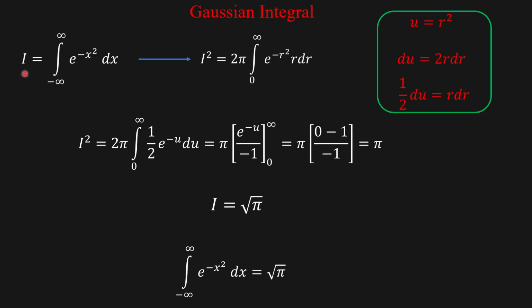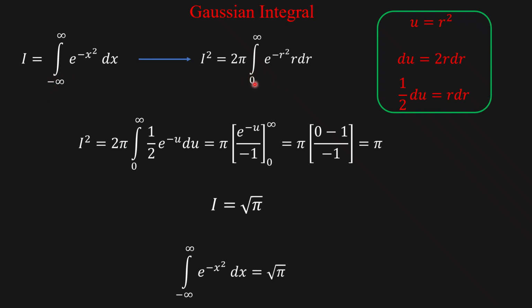We started with the integral I equal to the integral from minus infinity to plus infinity of e to the power minus x squared dx. From this we got I squared equal to 2 pi times the integral from 0 to infinity of e to the power minus r squared r dr. Remember that here it is minus infinity, and here it becomes 0.